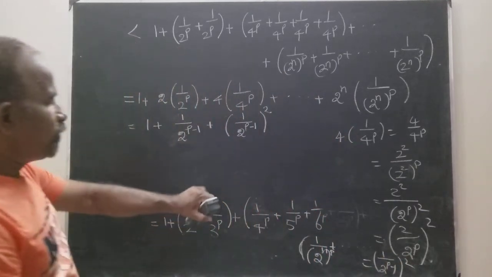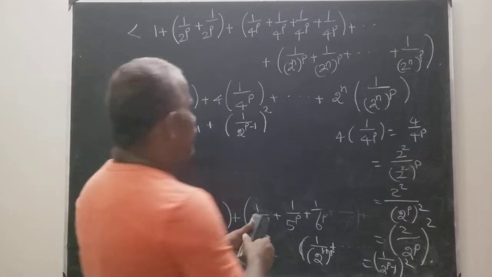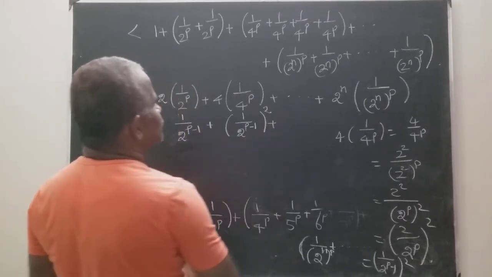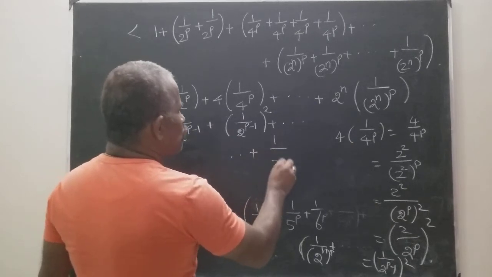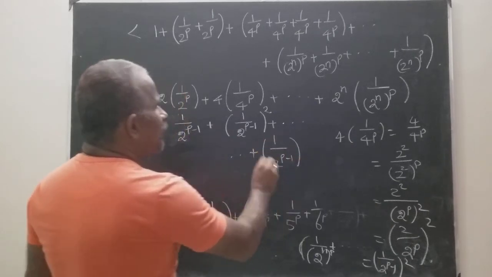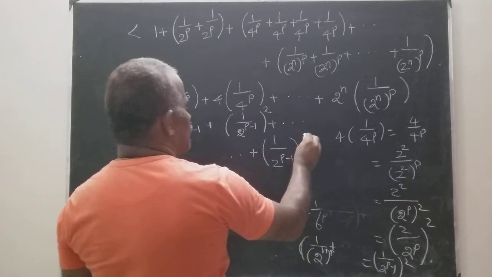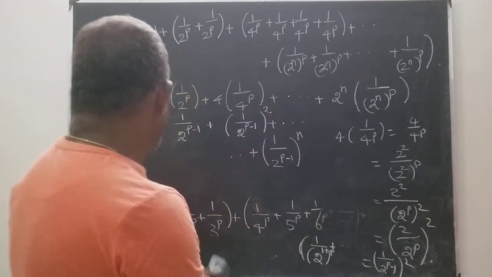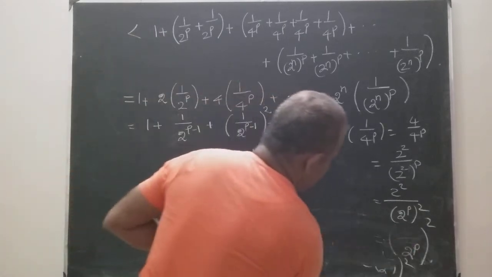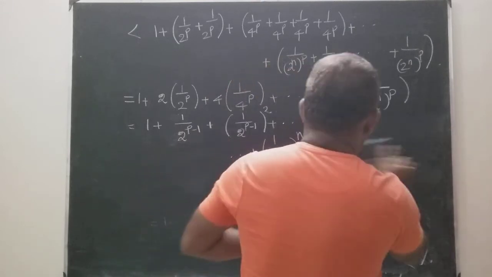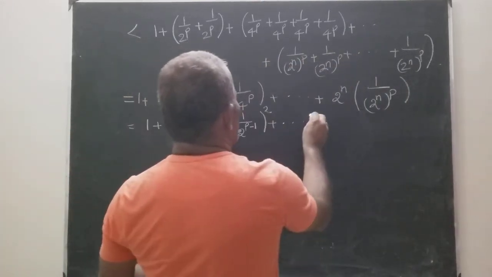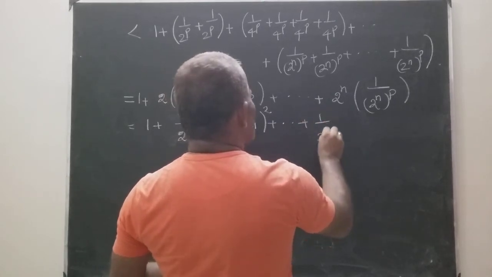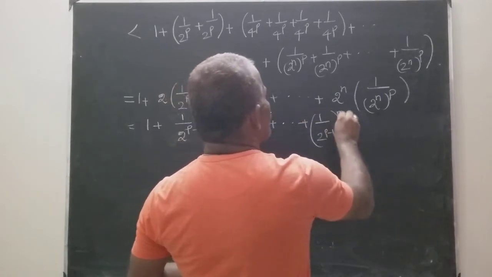Clear? So therefore plus etc, plus 1 by 2 power p minus 1 the whole power n.